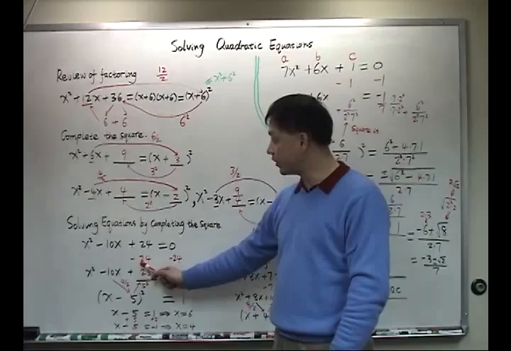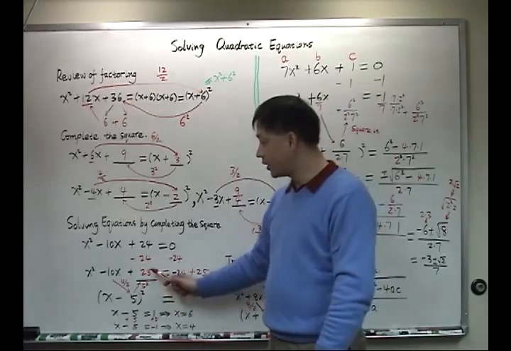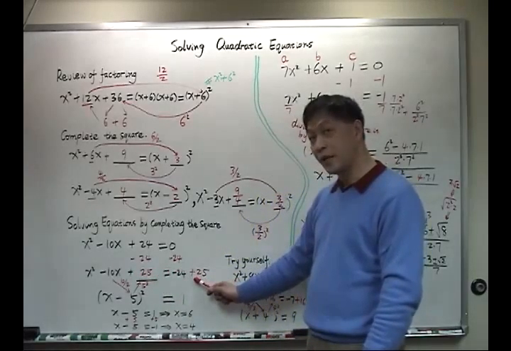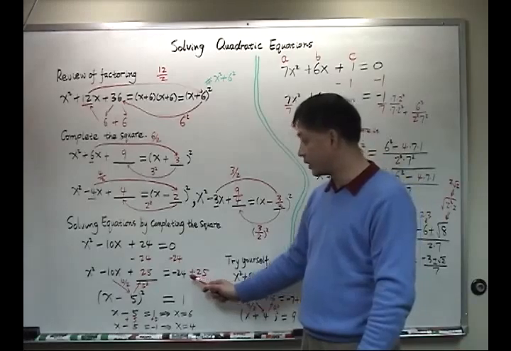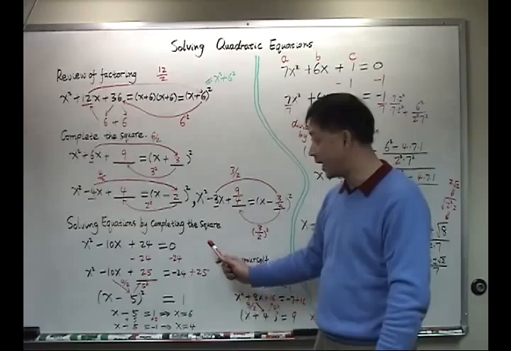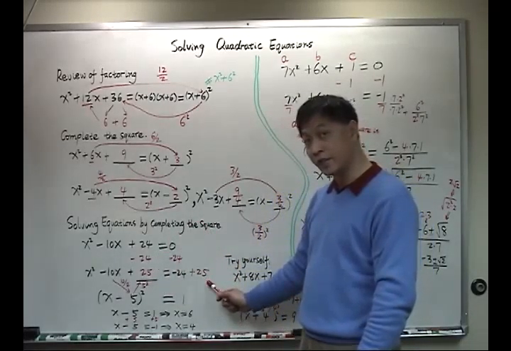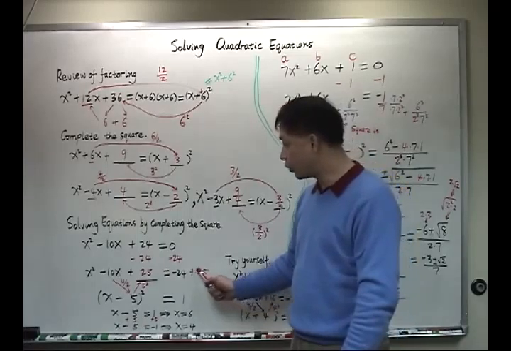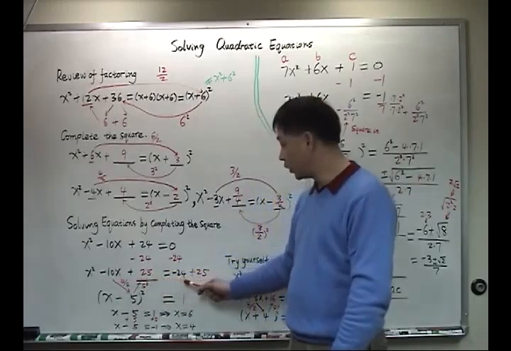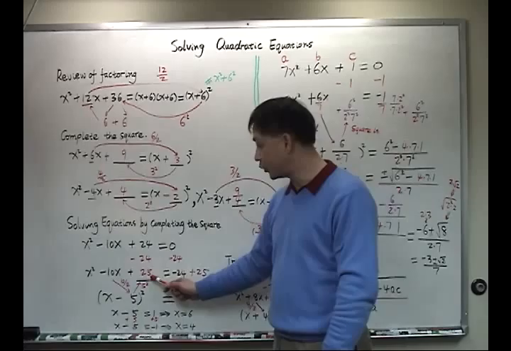Since on the left-hand side we add 25, on the right-hand side we have to add 25 because of this equal sign. You cannot simply add 25 on the left without taking care of the right-hand side. So add 25 on both sides, you make the whole equation still equivalent to the previous one.